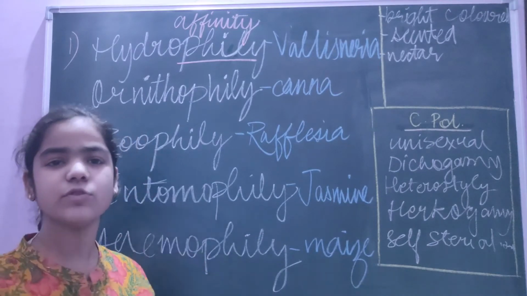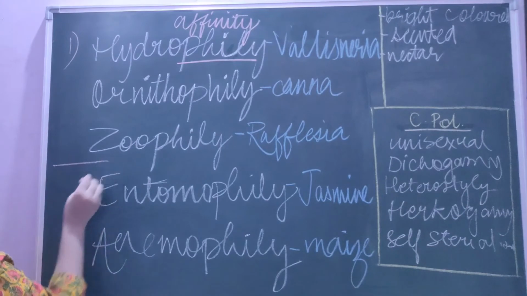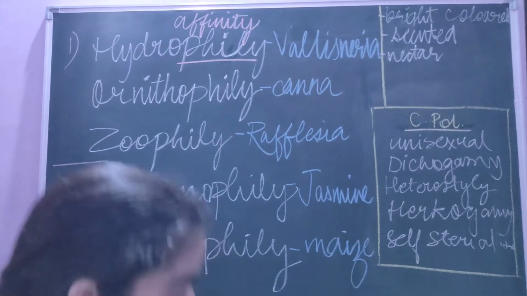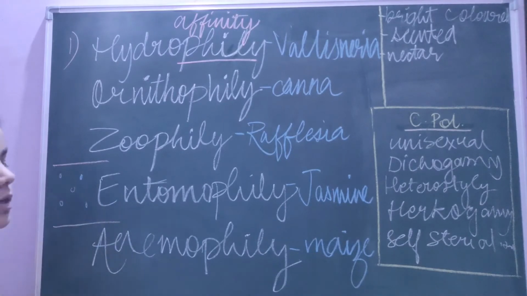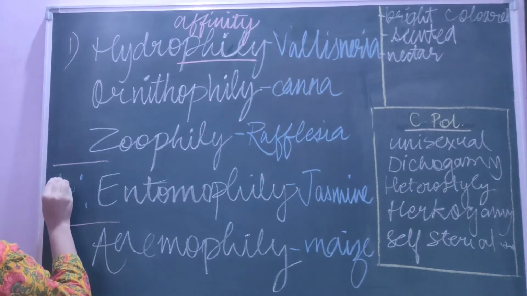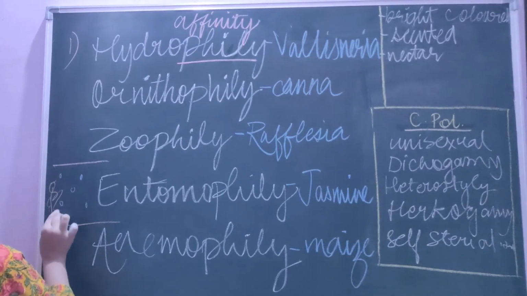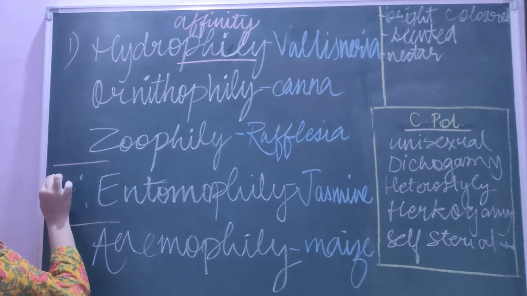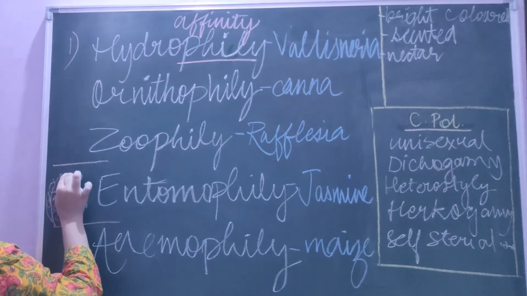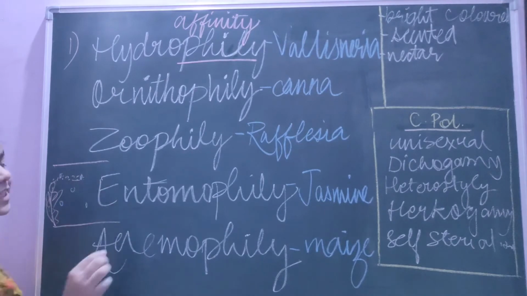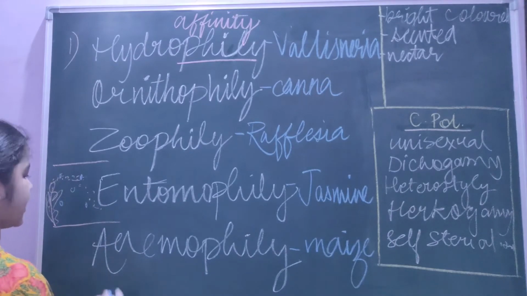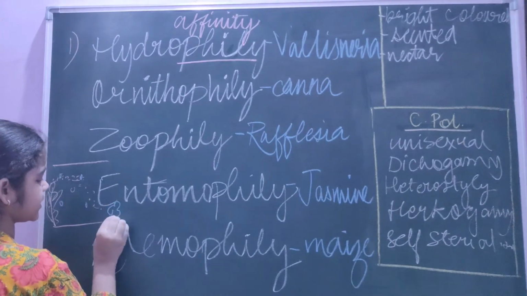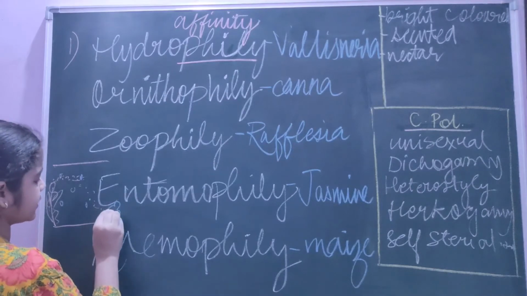So this is, suppose, your flower, and the pollen grains from the anther travel along the water through tiny spaces, and they reach the stigma, and finally this way pollination occurs.